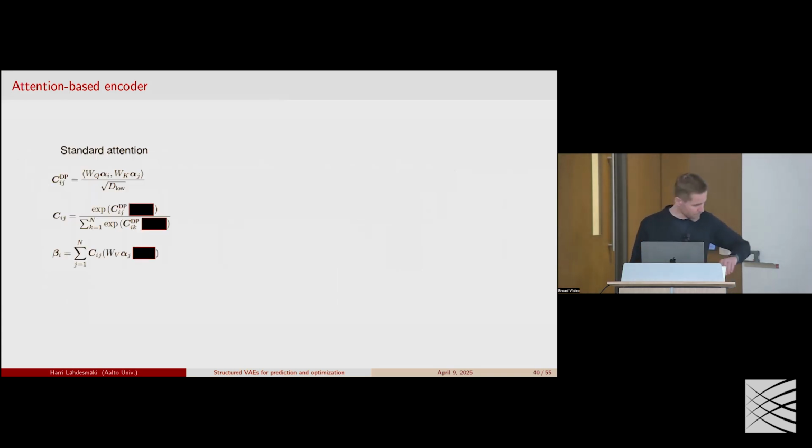And if I have time, I'll just try to quickly illustrate how this specific type of attention encoder works. So what is shown on the left is the standard dot product attention technique, where we take the dot product of the queries and keys, and then the corresponding softmax to get the weights for the values.